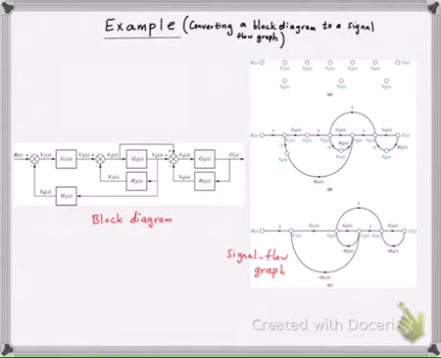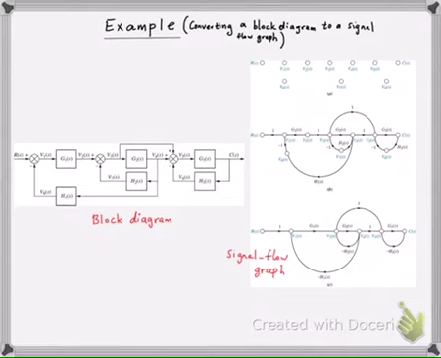So there is an actual example that I'm going to discuss. This example shows you how to convert a block diagram to a signal flow graph. So if you just consider this block diagram, it consists of a bunch of systems: G1, G2, G3, H1, H2, and H3.